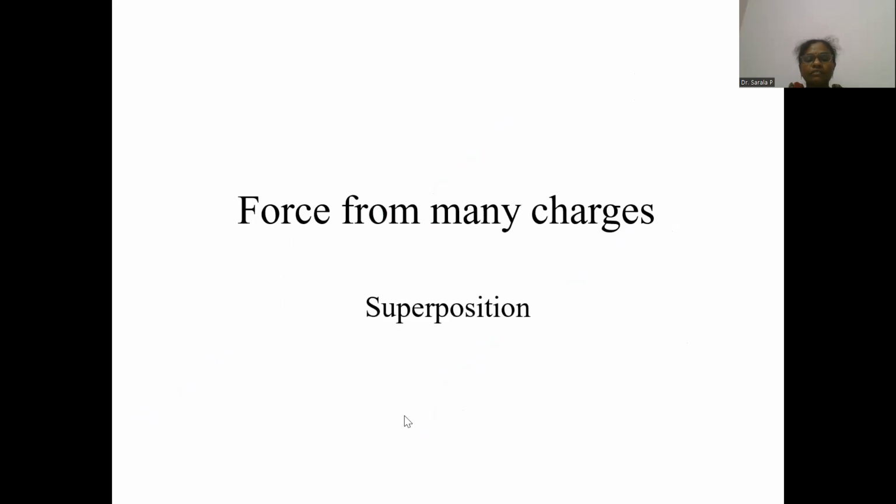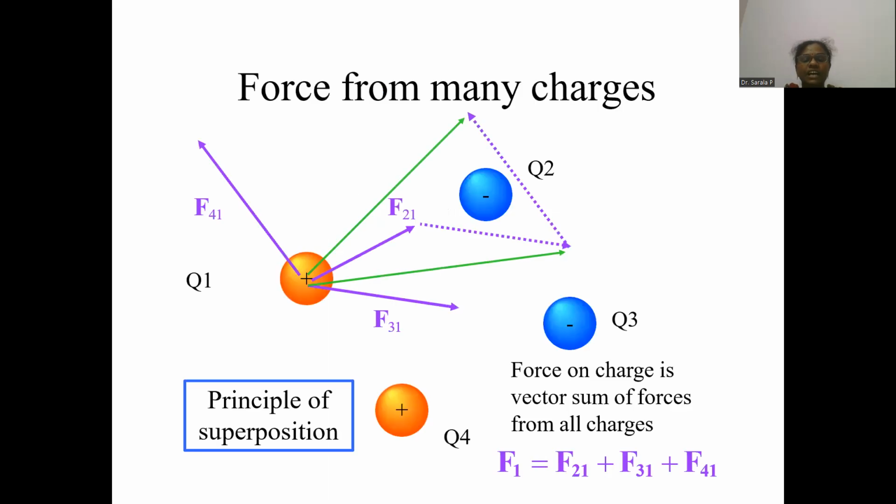So now, if we see force from many charges, till now we have seen only two charges. So we directly gave Q1, Q2. If we have many charges, here we are going to explain with respect to the superposition theorem. That is, we add all the forces, the vector sum of all the forces, which will give the equivalent force. Okay, so now here let us see, there is a positive charge.